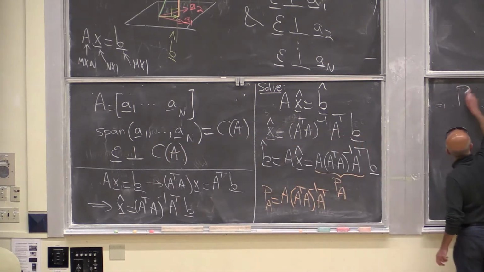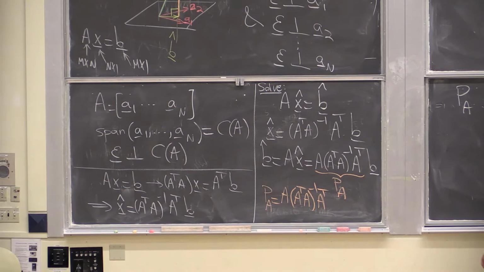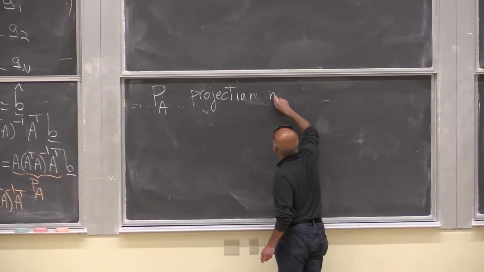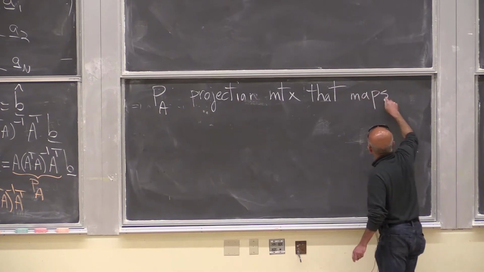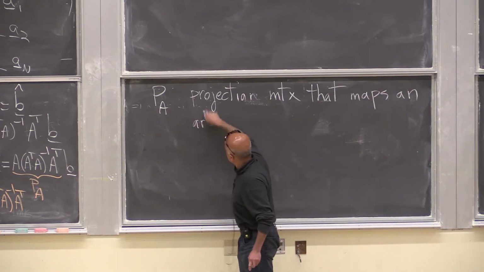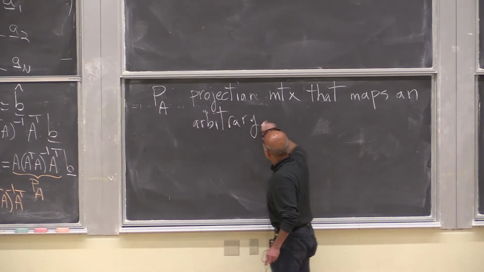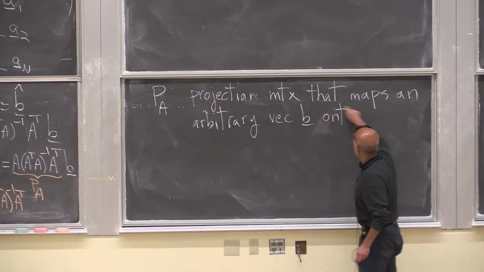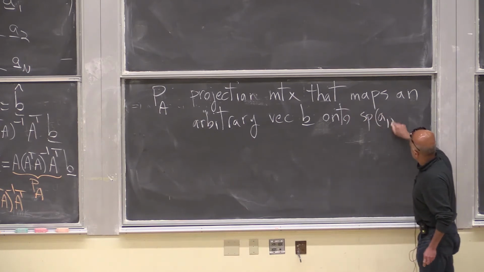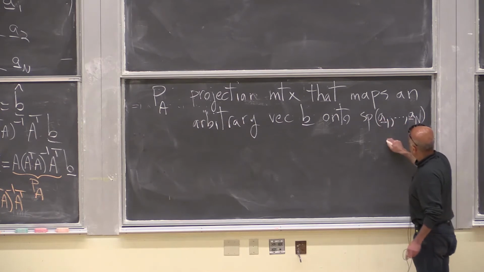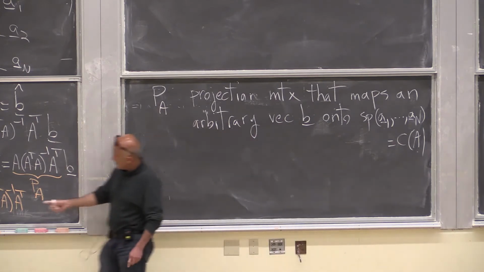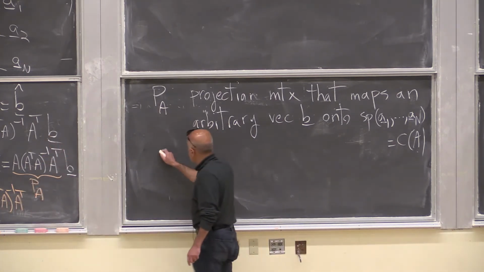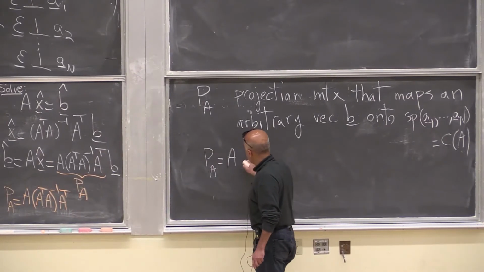So PA is the projection matrix that maps an arbitrary vector B onto the span of A1 through AN, and we know that that span is the column space of A. And this expression that we have for the projection matrix should remind you of the single vector case.